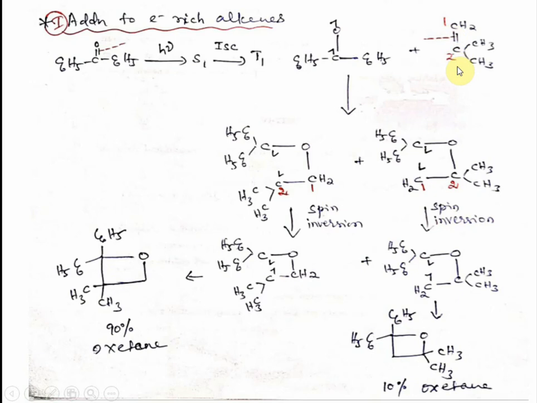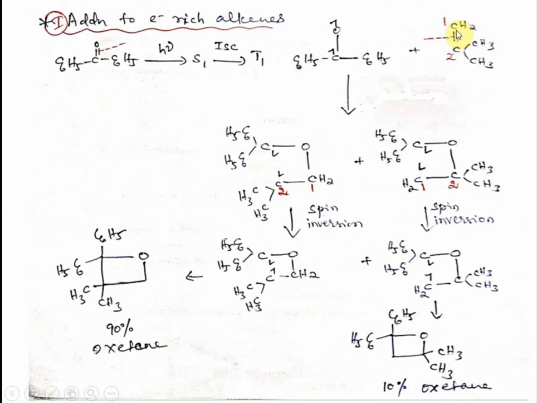So addition may occur directly, or this alkene may get added inversely. If there is a direct addition, that is carbon 1 to oxygen and carbon 2 to carbon, this oxetane will be formed, having a higher yield of 90%.